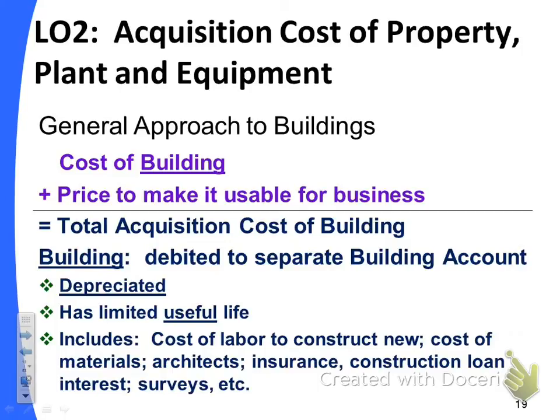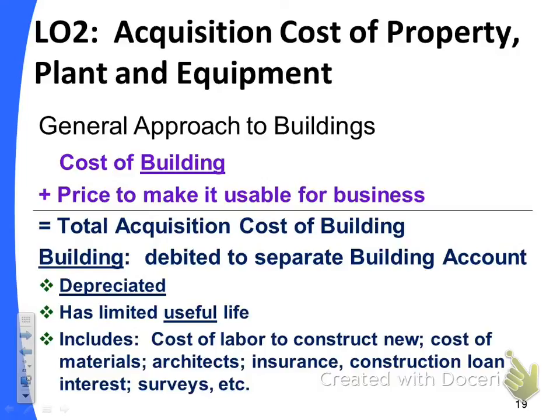Buildings, generally speaking, the cost of the building and the price to make it usable are going to go into the acquisition cost. If you're buying land and a building, they're going to be held in two separate accounts on your balance sheet. One account for the land itself, and a separate account for the building, because the building is going to depreciate and the land is not.